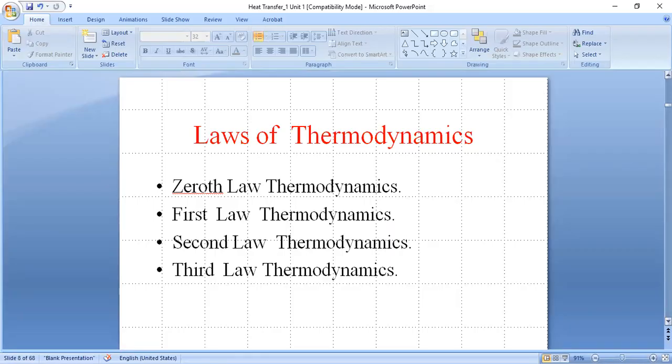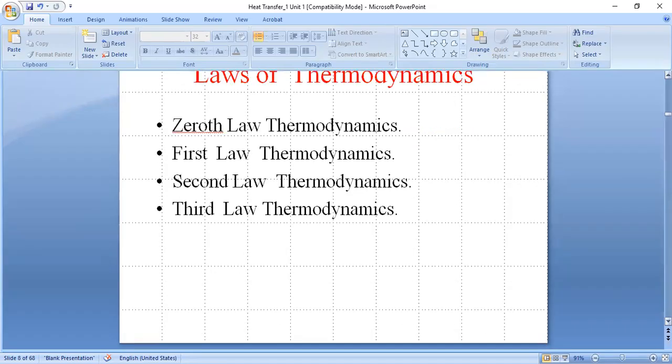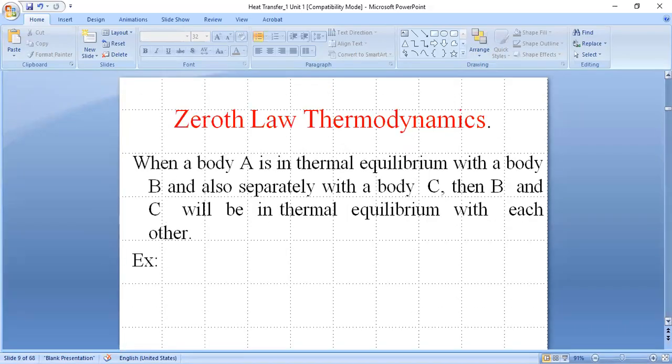Laws of thermodynamics. There are four laws of thermodynamics: the Zeroth law, the first law, the second law, and the third law of thermodynamics. Look here, the Zeroth Law of Thermodynamics. What does it say?